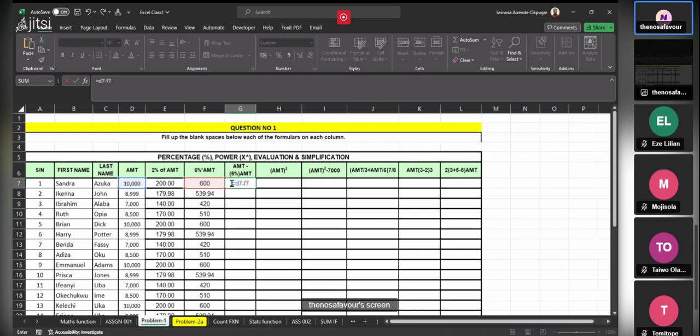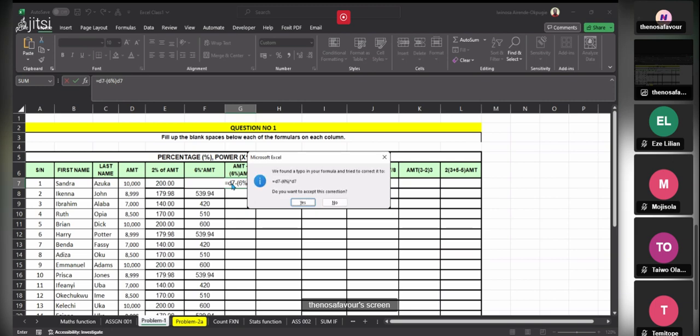Equal to D7 minus open bracket 6%, close the brackets, D7. As we hit enter, right? Yes, enter.